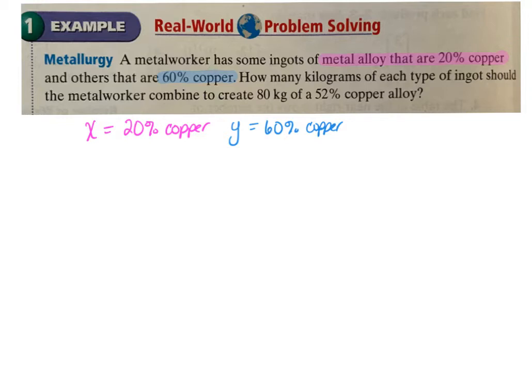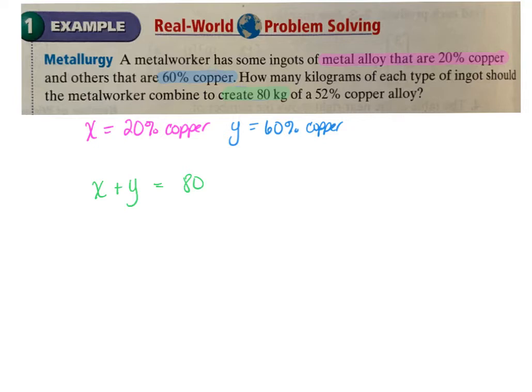How many kilograms does he want if I add both of what I'm combining? 80 kilograms. Then my X plus my Y should equal 80. Makes sense? X plus Y should equal 80.